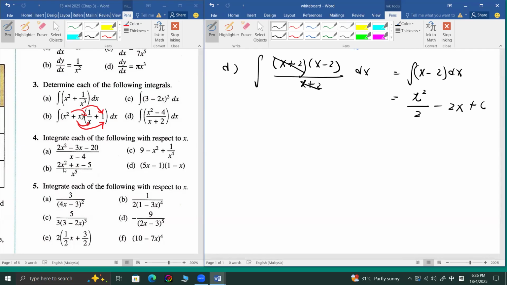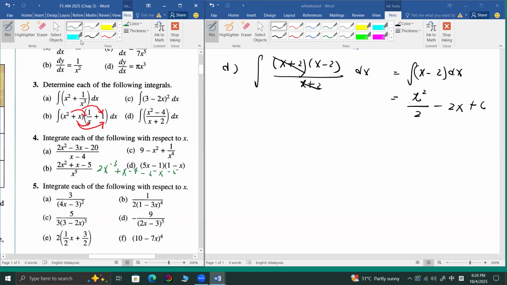And B, you separate it like this. 2x squared per x 5, you get 2x negative 3. x per x 5, you get x negative 4, minus 5x negative 5. You shift it up first, simplify everything, and when you start to integrate, after that you place it back down. Got it?